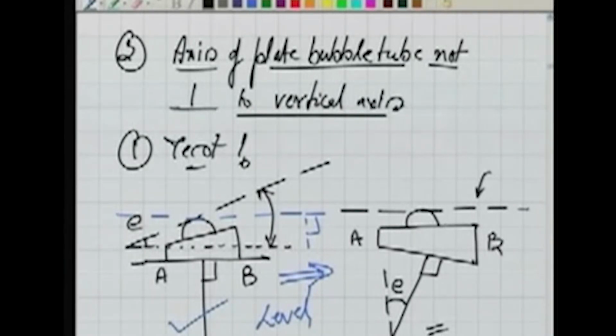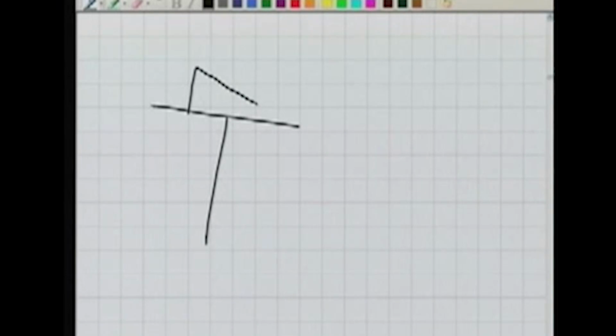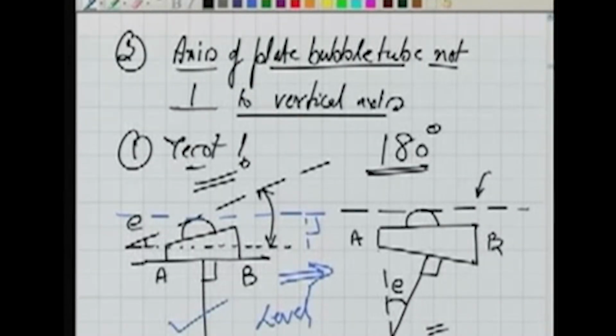In this situation we saw the test. The test was to rotate your plate bubble tube by 180 degrees. Now if you rotate this, what will happen? This is how the situation is. The B comes here and the A goes here. The A side of the plate bubble tube is here now, and this is the B side.